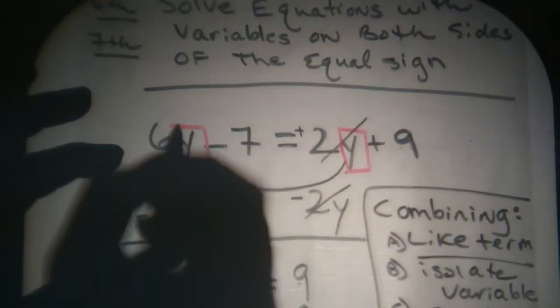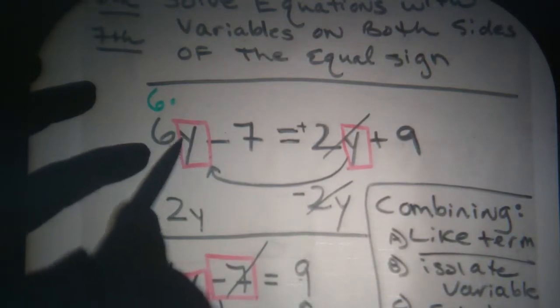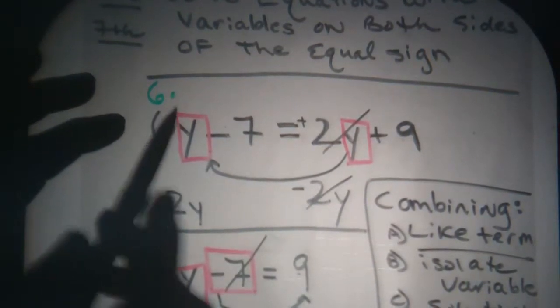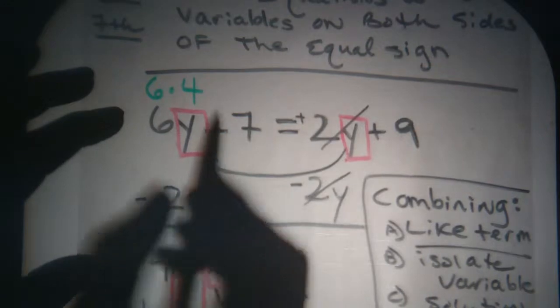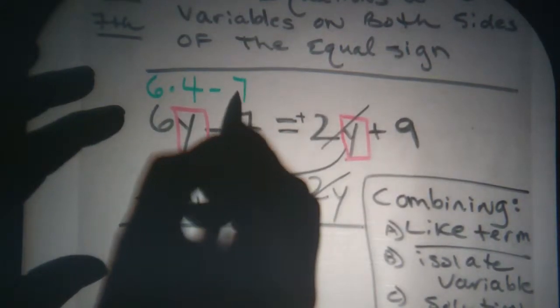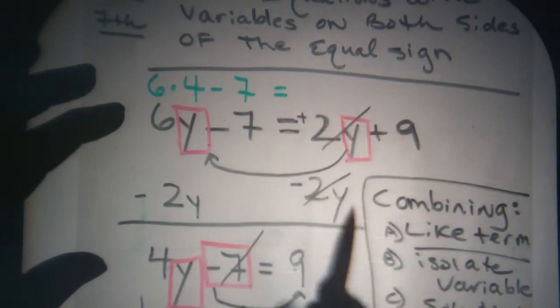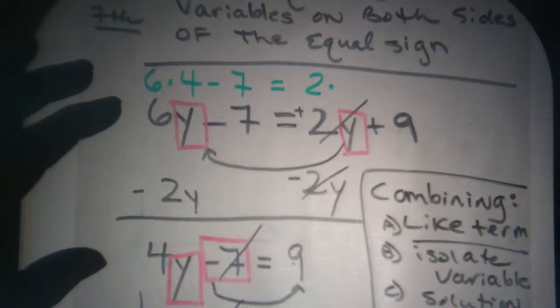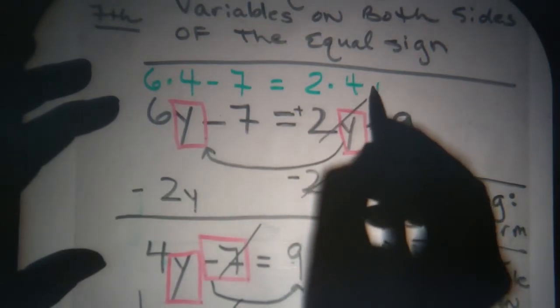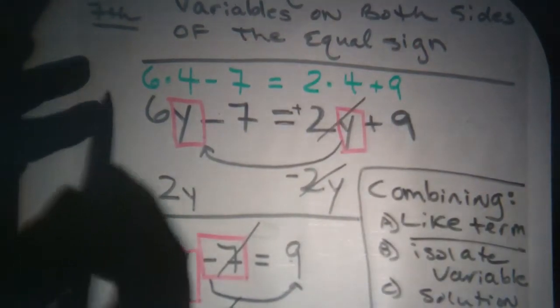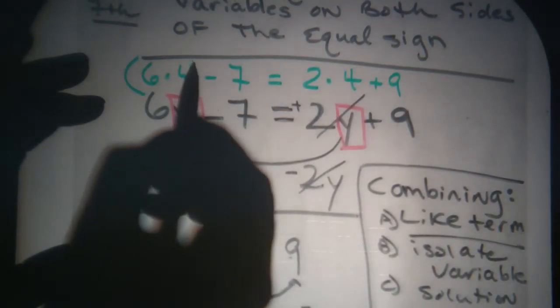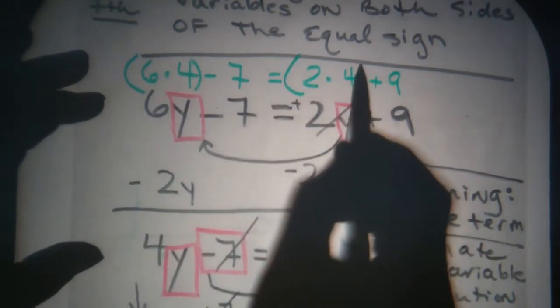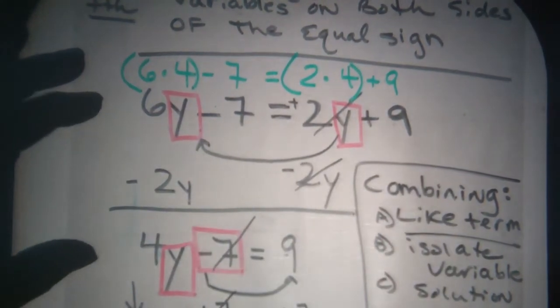So if I substitute 4 for y, 6 times, remember 6y means 6 times y, so 6 times 4 in this case, minus 7 equals, then here we have 2, a y, substitute that y for our 4, plus 9. Now let's put some parentheses around our multiplication so we know that this is something we will do first.